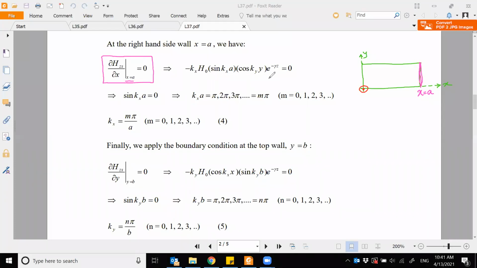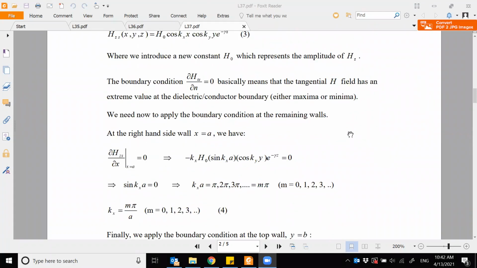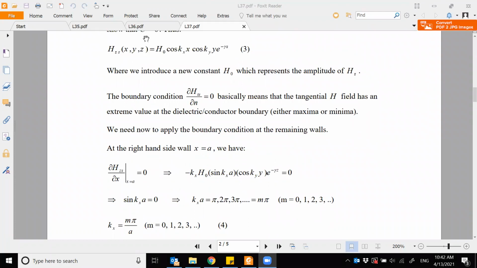Now if I substitute back here, here is my x, where I substitute x is equal to A. And now if you see here, we are getting several solutions. So this was my HZ. I'm taking the derivative with respect to x, which is this one, and then substituting x is equal to A, which is this one.